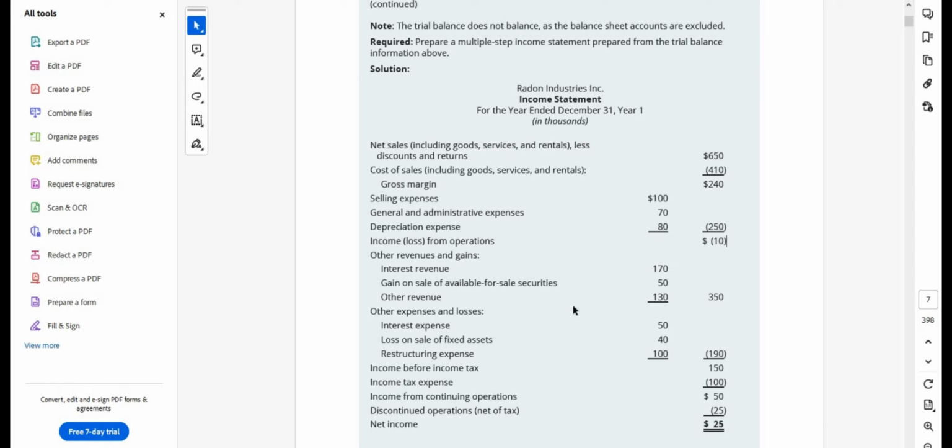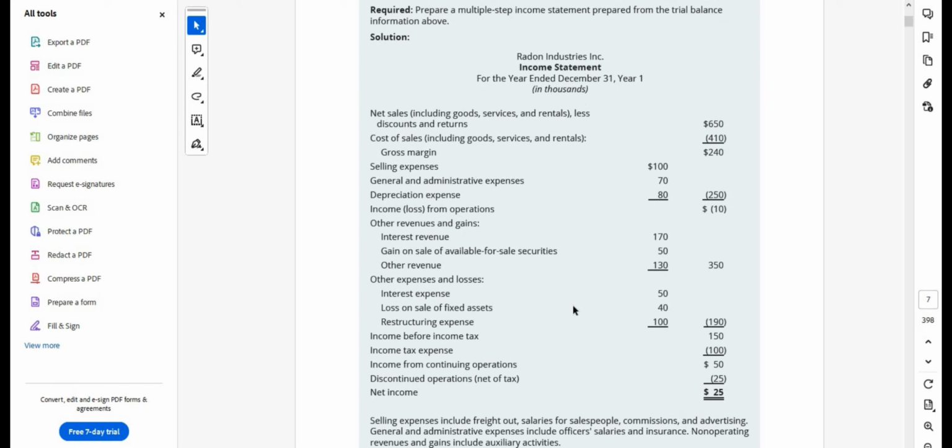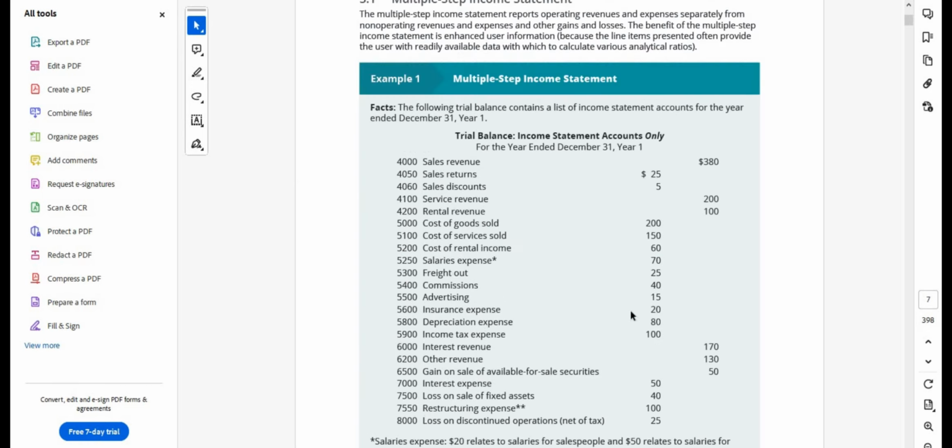And then we are moving to the other income and other expenses. The other income are interest revenue, other revenue and gain on sale of available for sale securities, that is 170 plus 130 plus 50, which stands to 350.